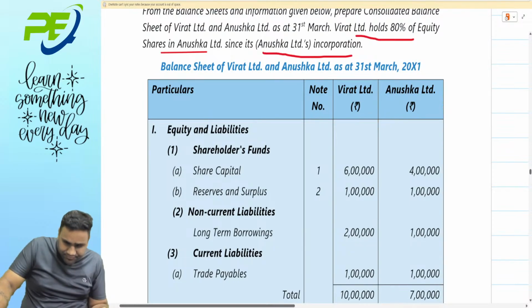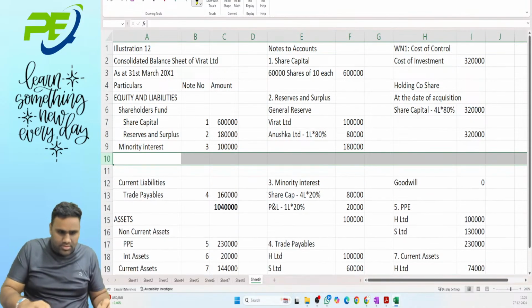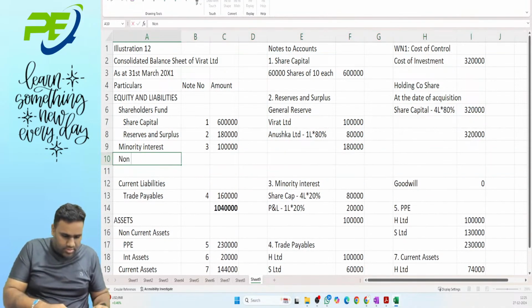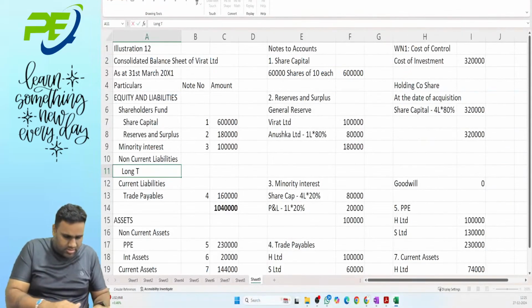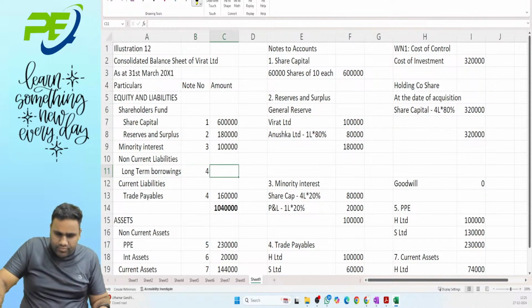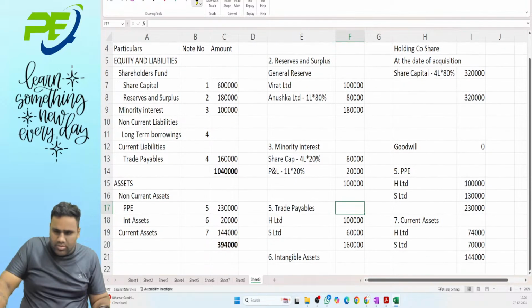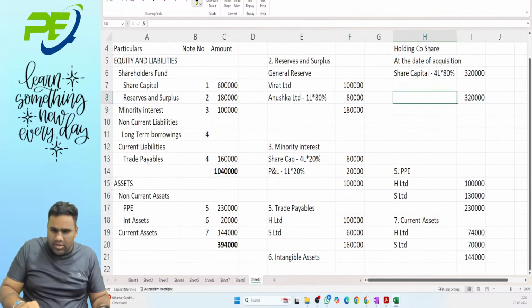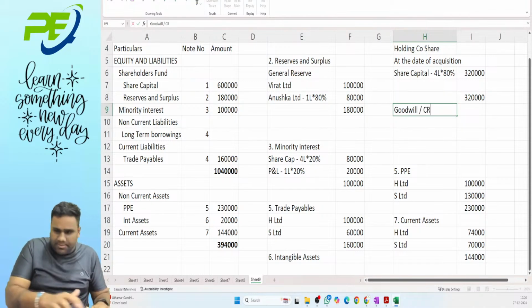Then trade payables. Before that we have non-current liabilities. Under that long-term borrowings, note number 4. Goodwill or capital reserve is none.